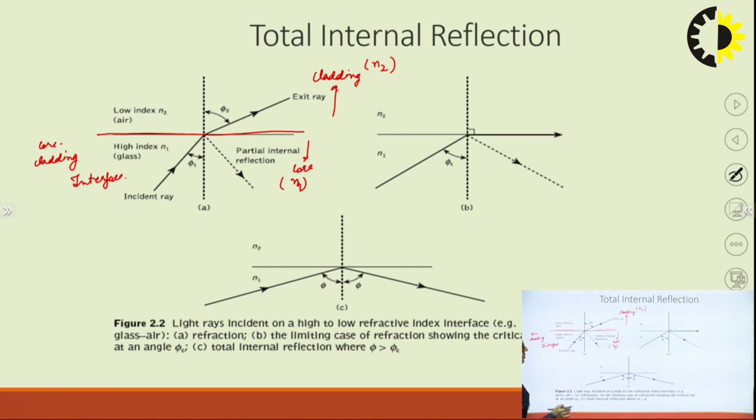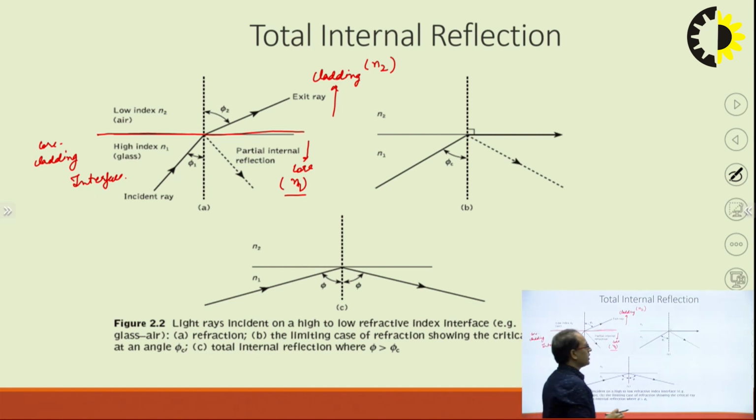Now the basic law of reflection states that when a ray transmits from one medium to another, the ray may be reflected away from the normal or towards the normal. That depends on the refractive index of one medium and the refractive index of the other medium.